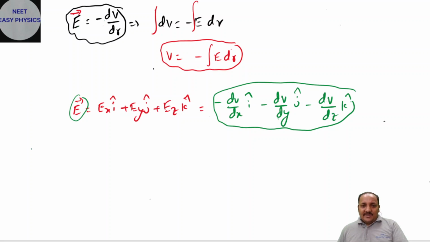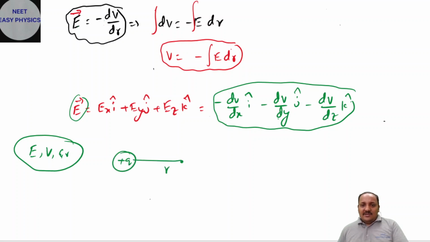Now relation between E, V and R because of point charge. If you are taking one positive point charge at some distance R, what is the electric field intensity at this point P? E is equal to KQ by R square. So what is the potential at this point P?